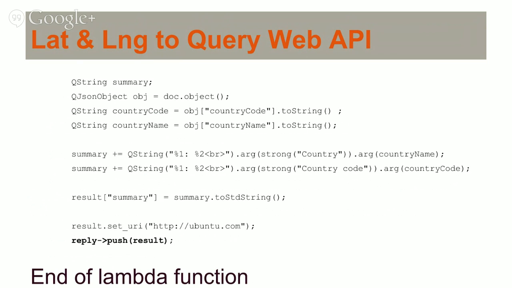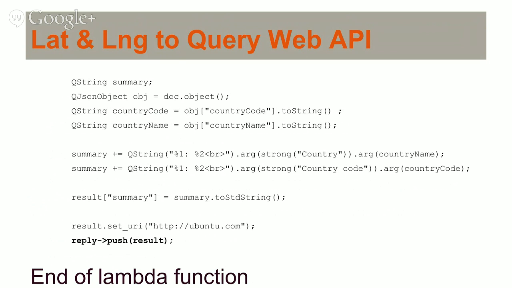I convert the doc into a QJsonObject, named obj, and then I get the two fields that I happen to know are in that object, because I first ran the web query just as a URL in the browser, and I looked at the JSON that came back, and I saw, okay, the object has a country code and a country name, so I just create QStrings for those.